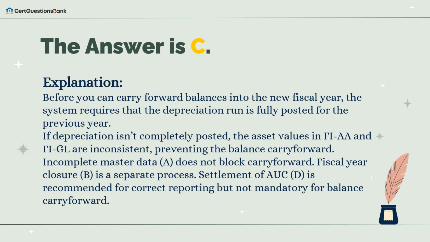Incomplete master data, A, does not block carry forward. Fiscal year closure, B, is a separate process. Settlement of AUC, D, is recommended for correct reporting but not mandatory for balance carry forward.